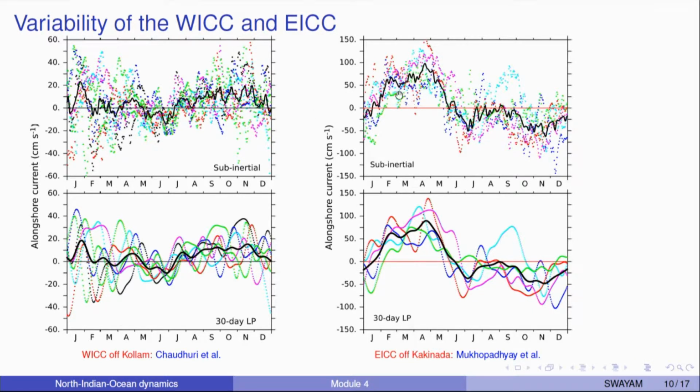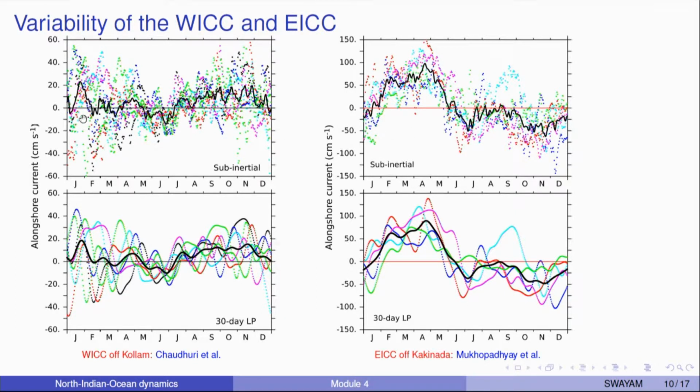Let's look at the EICC first. Even without averaging in time, you can see that during March to May, the direction of the EICC is almost always poleward. It's quite rare that you will get an equatorward flow. During the winter, during November, it's equatorward almost all the time. It's quite rare that you get poleward flow.